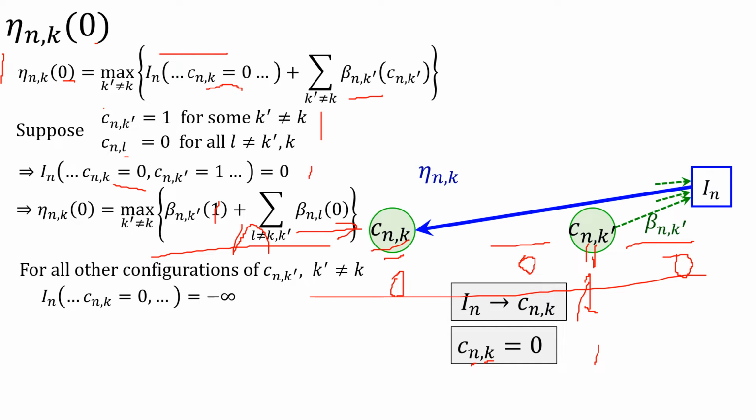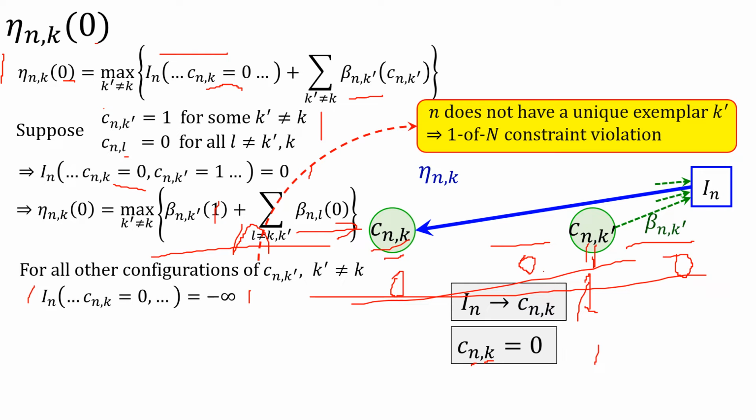Now, for all other configurations, suppose we have all zeros, or we have 2 ones, or 3 ones, or any other configuration, we would land up with in equals negative infinity, because that would lead to a constraint violation. So that's because n doesn't have a unique exemplar.